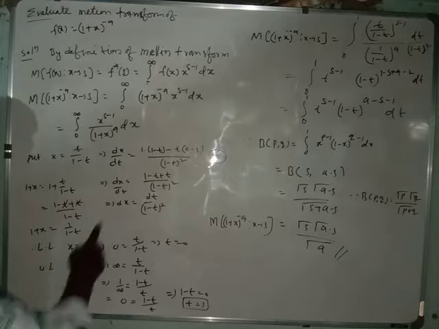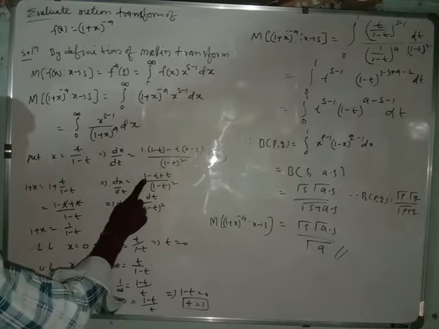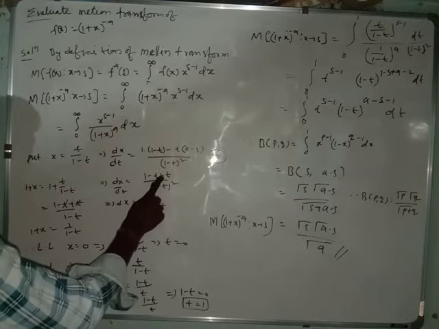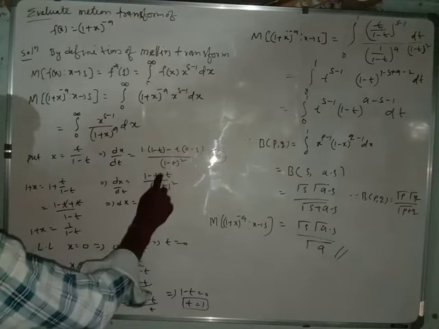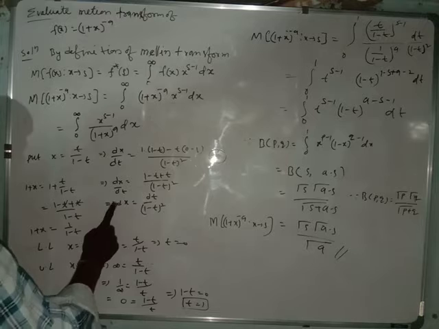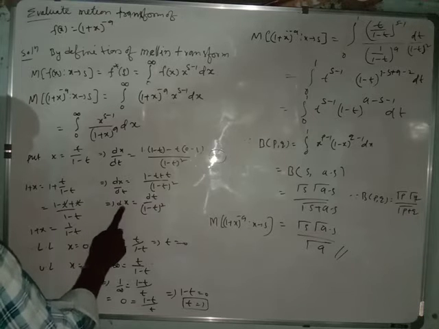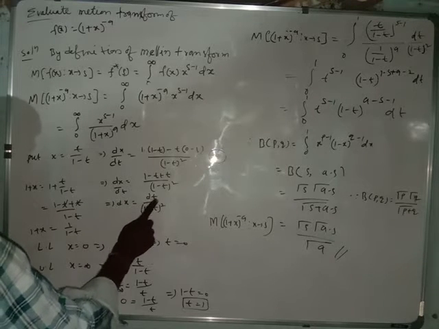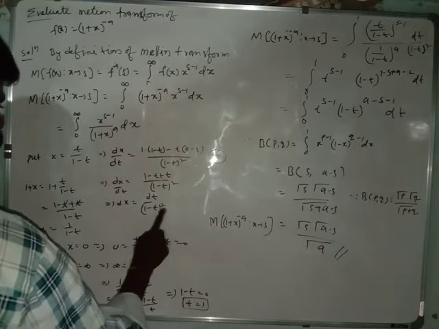This means dx by dt equal to 1 minus t plus t, which implies the t cancels, and taking dx outside, dx equal to dt by (1 minus t) whole square.